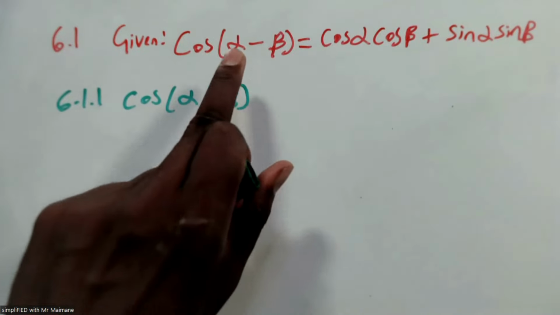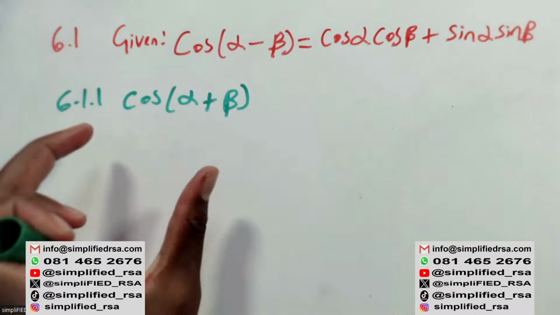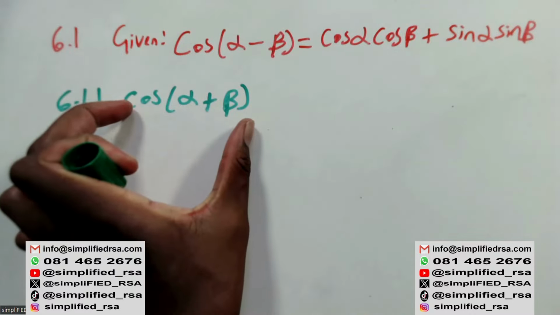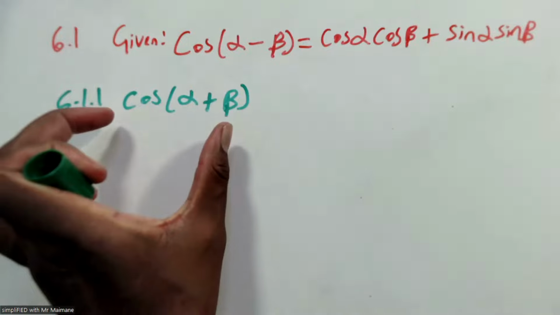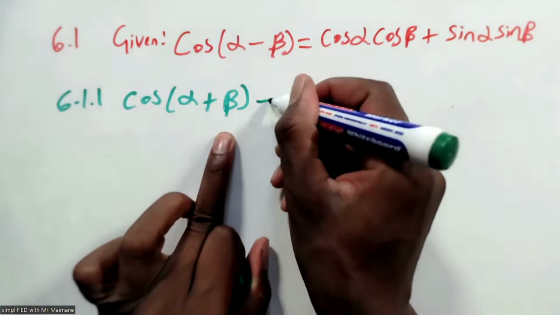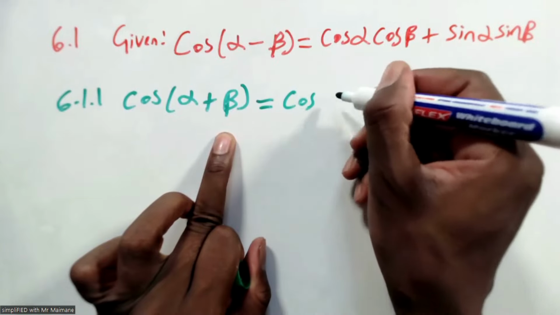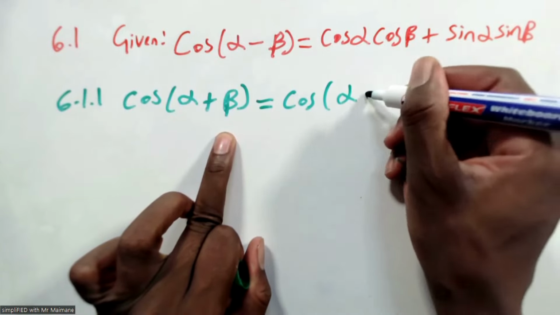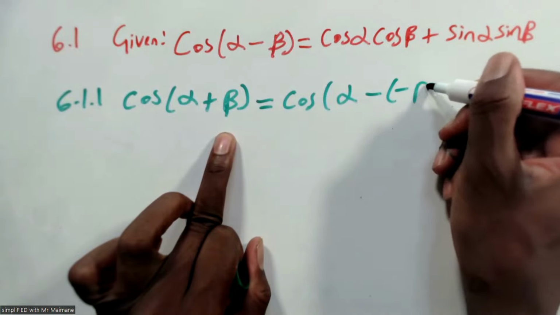Now, to derive this using that, it means I must express this in terms of that. Mathematically, this is going to be cos of alpha minus negative beta.